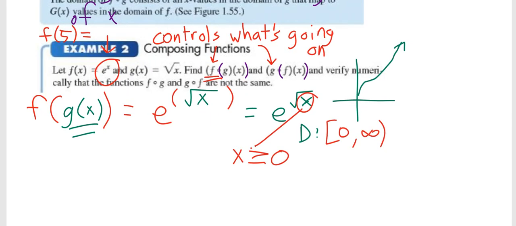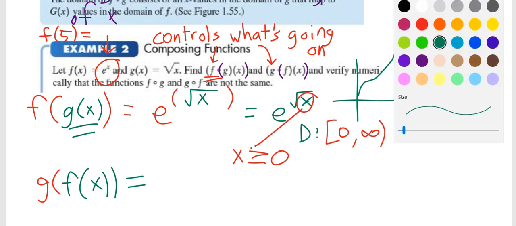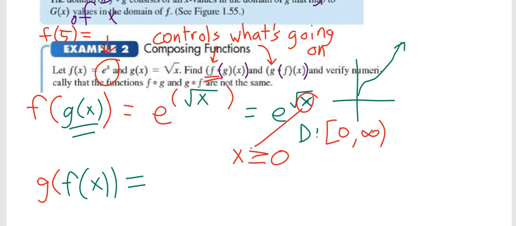All right, now what happens when we reverse that? g of f of x. Oops, use a different color. The one on the outside, g. What is it telling you to do to everything you plug into it?